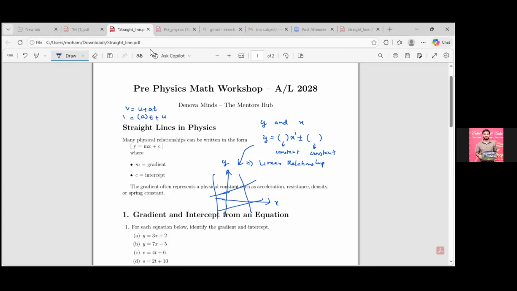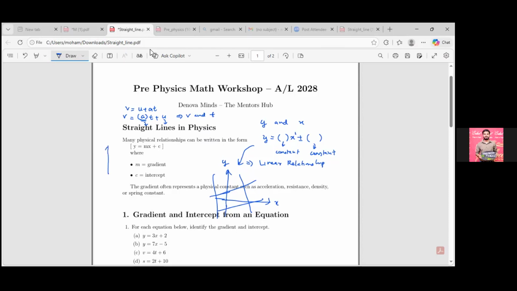If I rearrange this, v equals a times t plus u, right? So you can see a is a constant, and u is also a constant. So the relationship between v and t can be taken as a linear relationship.